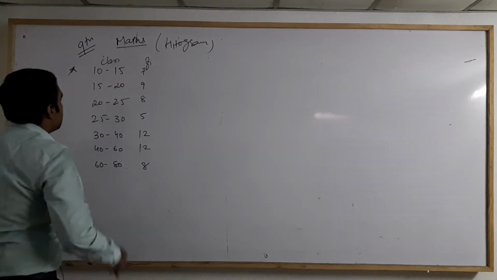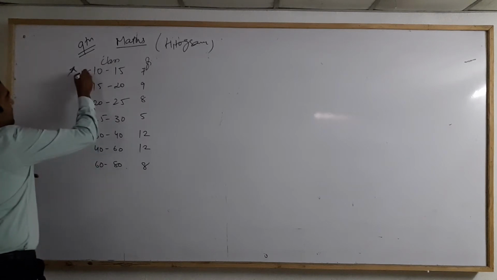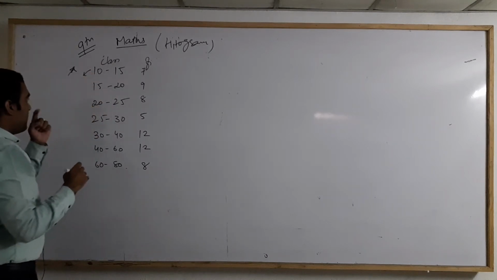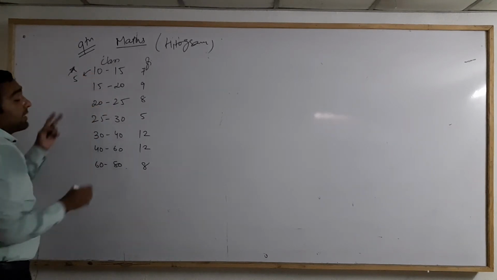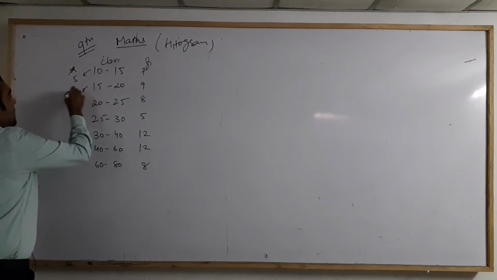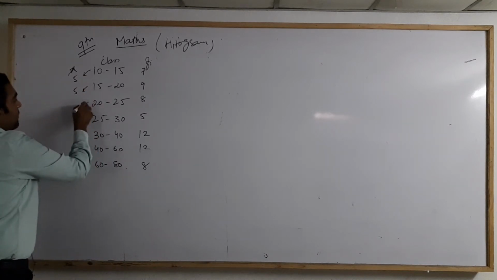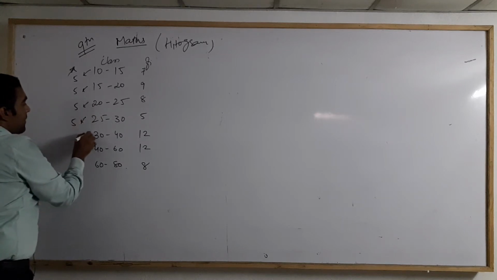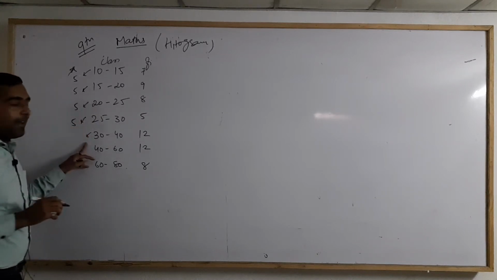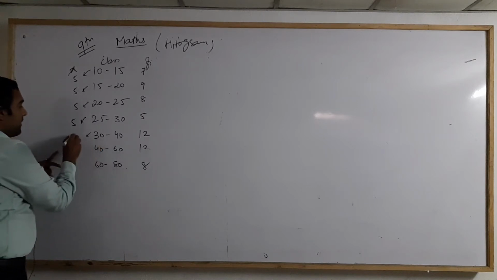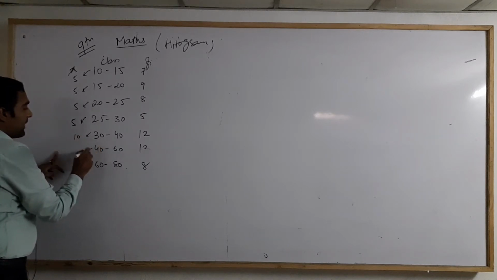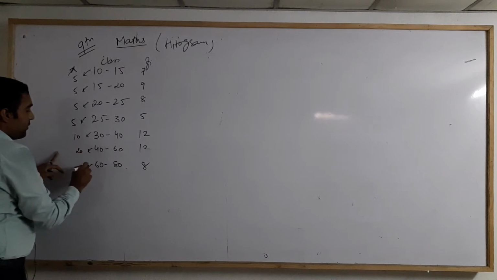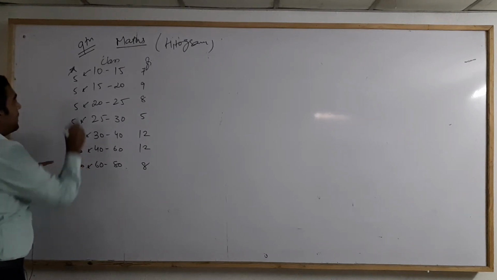Now we have to see that in the first class the difference between upper limit and lower limit is 5, therefore my class width is 5. For the second, third and fourth classes the class width is also 5. For the next class my class width is 10, for the next it is 20, and for the last it is also 20.